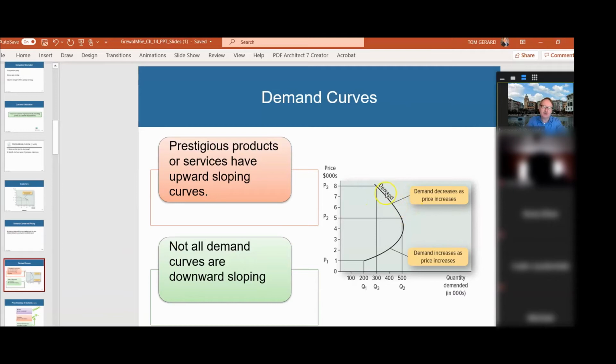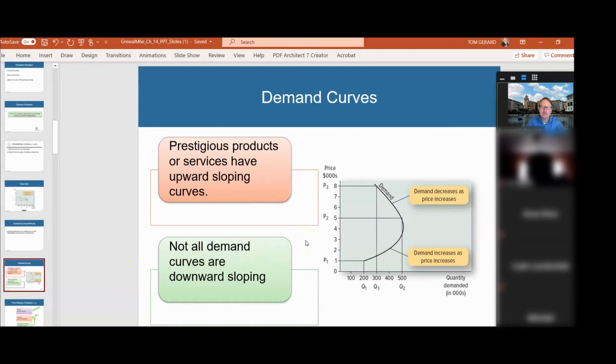Even though I'm talking about real expensive things, think about even in the normal person's world, there are those things that people will pay more just to have. Think about the video game. I think that's one of the ideas they stress later on in this chapter.